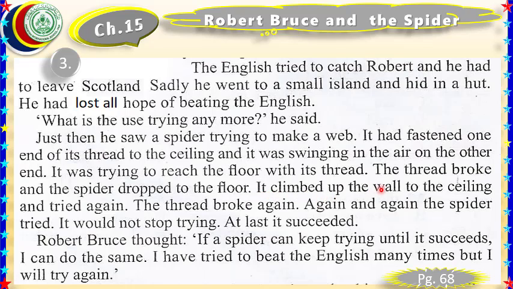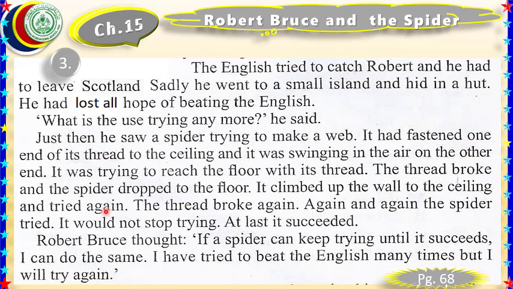It climbed up the wall to the ceiling. It went up to the ceiling again and tried again. What was the spider trying to do? The spider was trying to make a web from the ceiling to the floor.